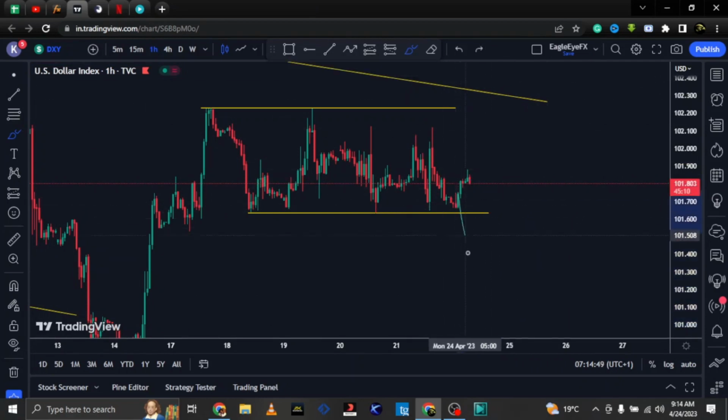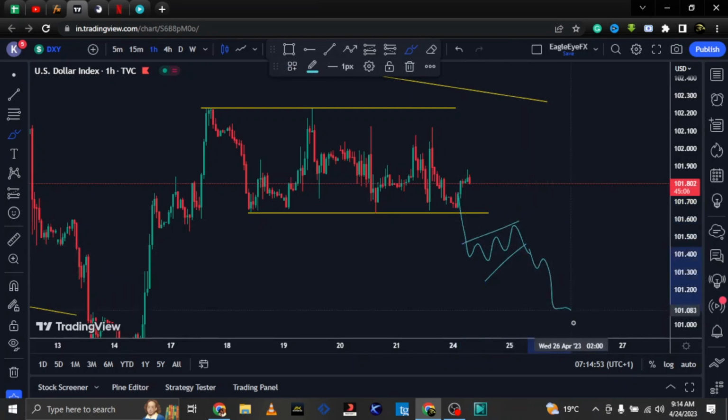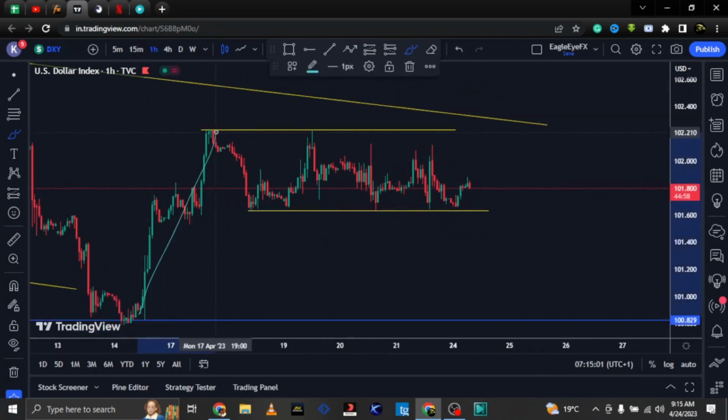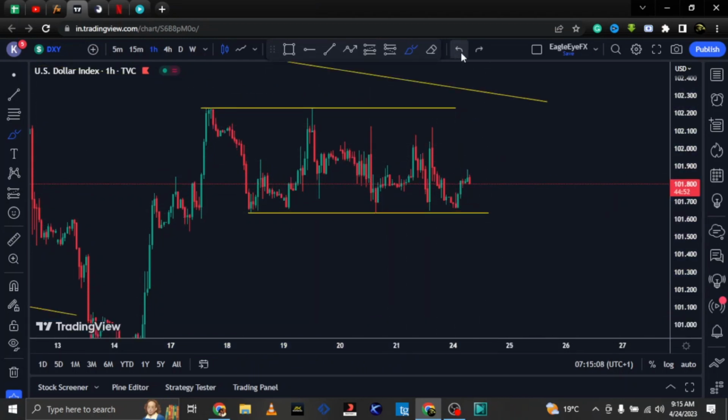Maybe if I see a breakout and a clean bearish flag, then I know that I'm moving to the downside. As of now, I'm viewing this one as a bullish flag, whereby we had this impulse move, then we had this correction over here. So I'm looking for continuation to the upside.